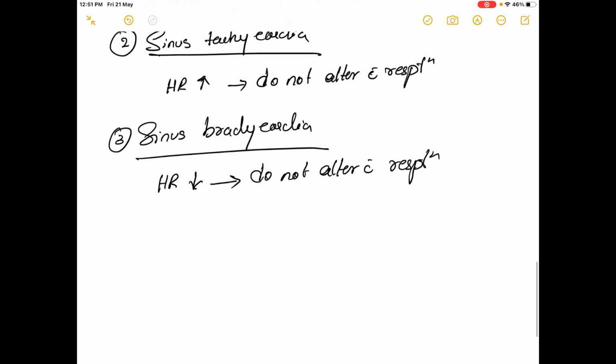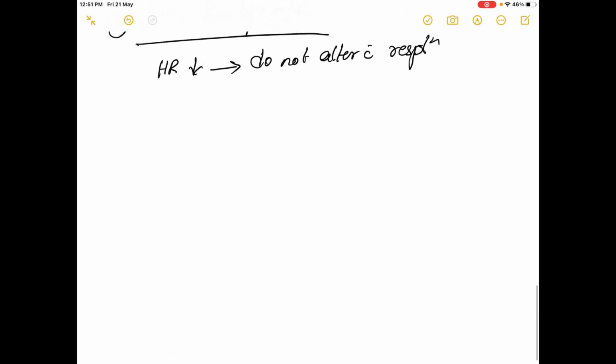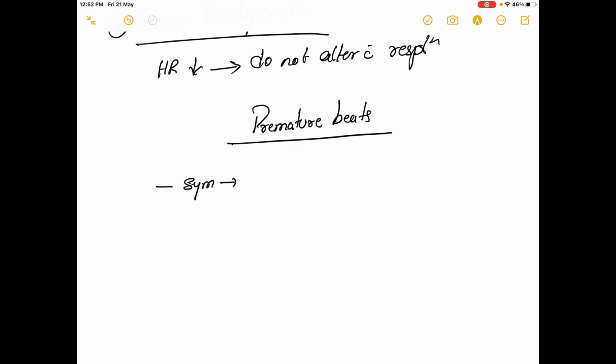Now let's come to premature beats. The synonyms for premature beats are ectopic beats, or extrasystolic beats.